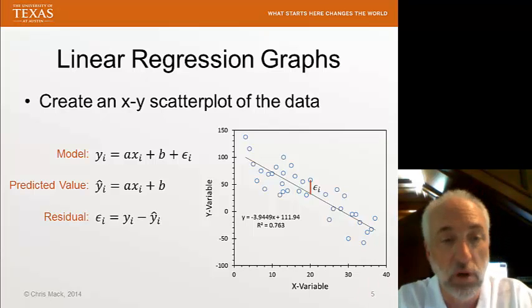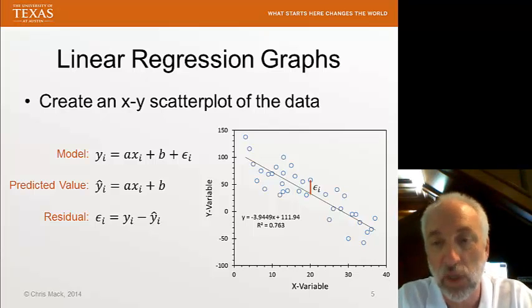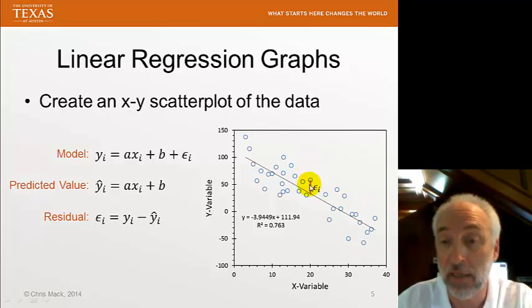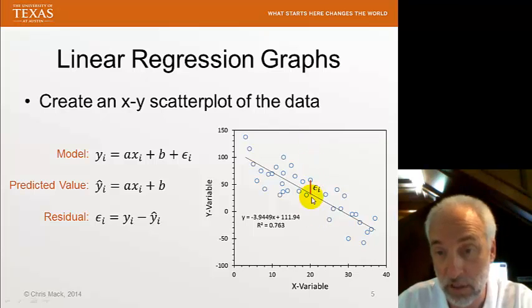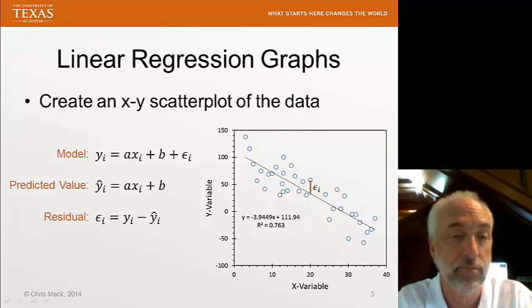The residual then is simply defined as the actual data point minus the predicted value of the data point. And you can see by plotting the residual that it's the distance, the vertical distance along the y-axis between the data point and the best fit line. And you have one of these residuals for every data point in your fit.